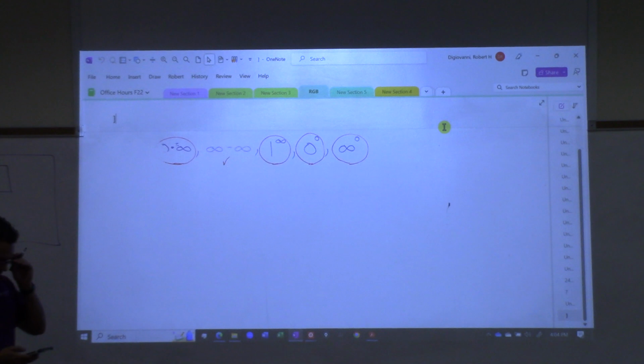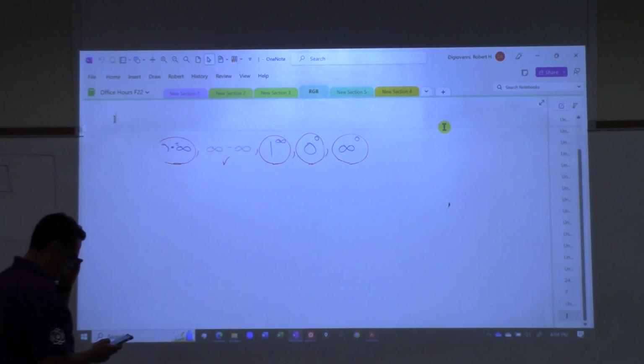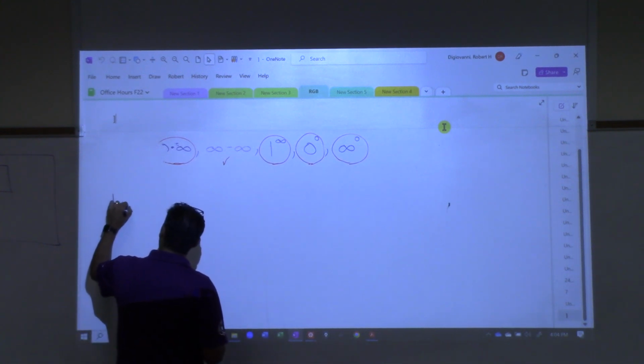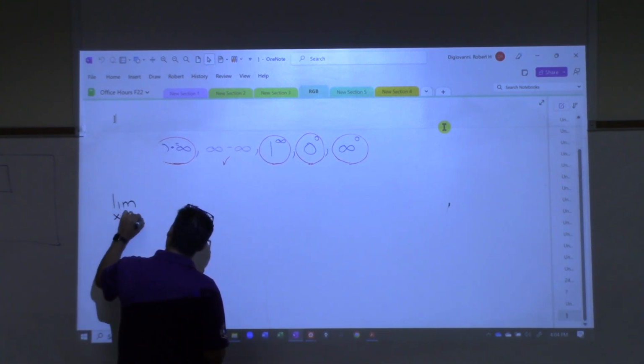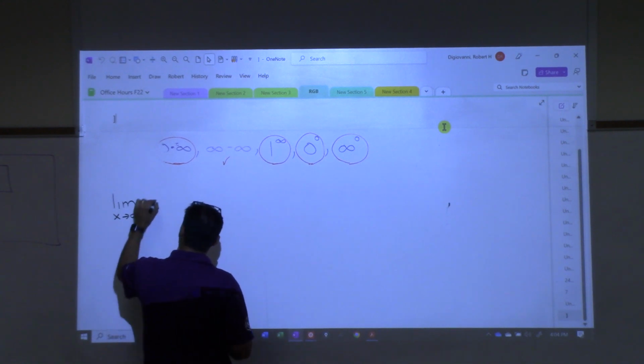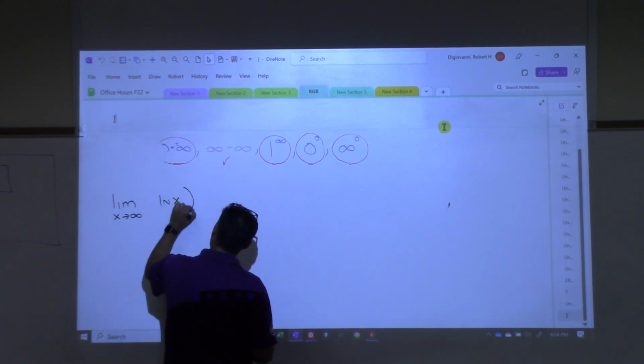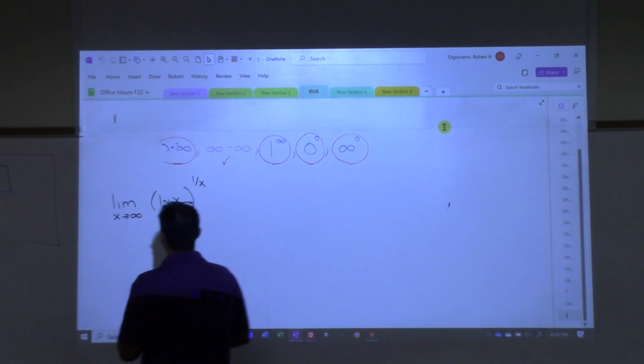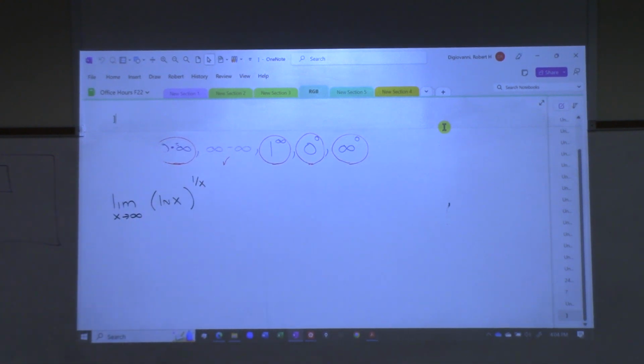Oh, okay, that's a cool looking one. All right. Limit as x goes to infinity of natural log x raised to the 1 over x. X is going to infinity.